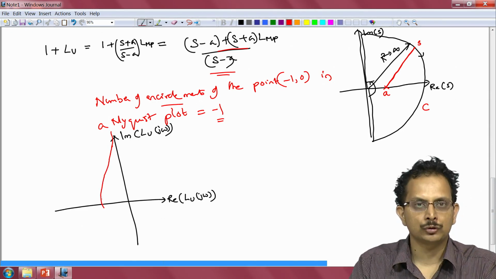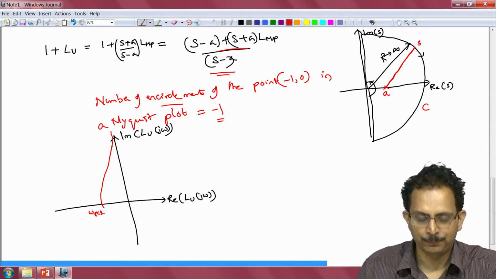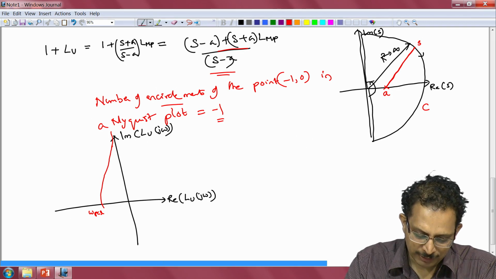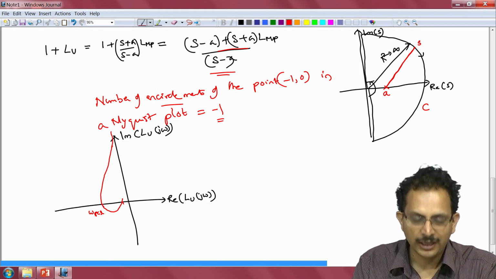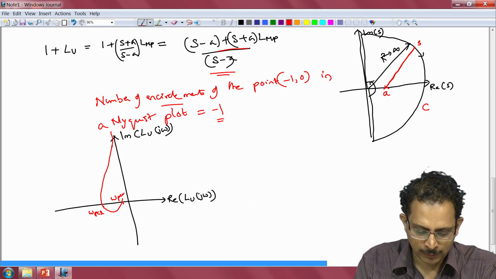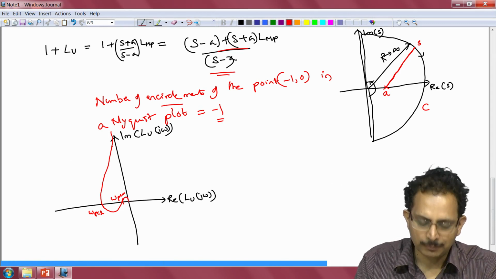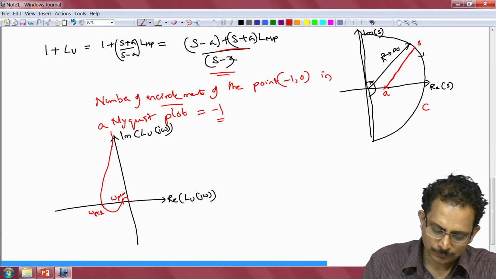The first time it crosses over, it is at the frequency omega Pc lower, and subsequently it will cross over again at a higher frequency omega Pc upper, and finally the magnitude characteristics will tend to 0 in some particular fashion.